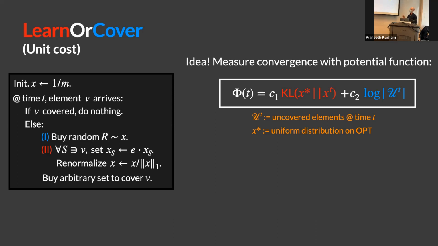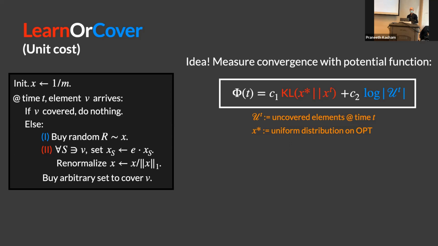The red term is the KL divergence between x star and xt. X star is the optimal solution, scaled down to make it a distribution, so it's the same scale as xt. And xt is the thing that we're maintaining. The second term of the potential is log of the size of ut.